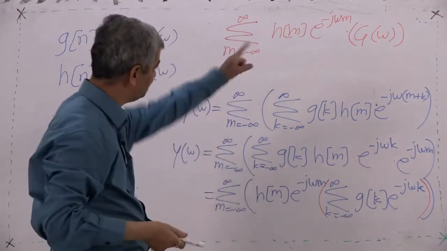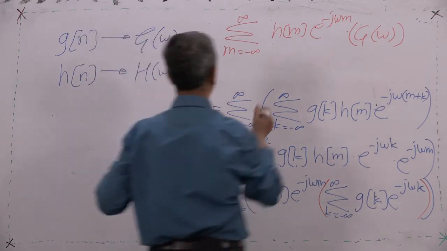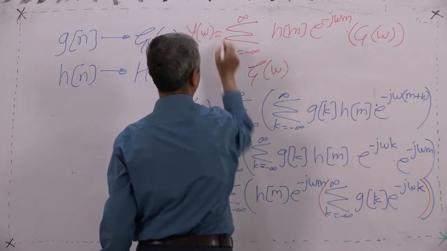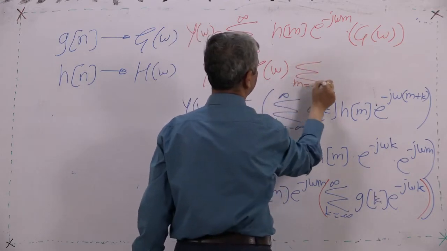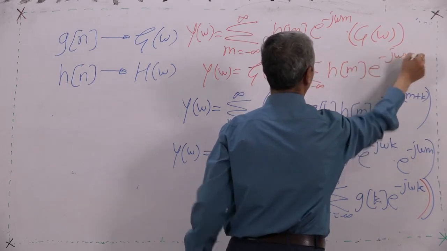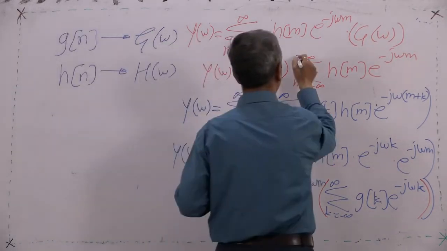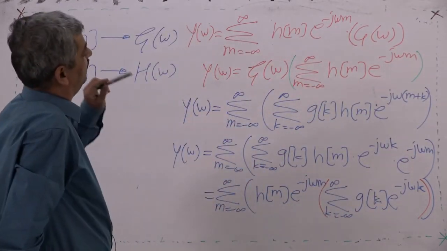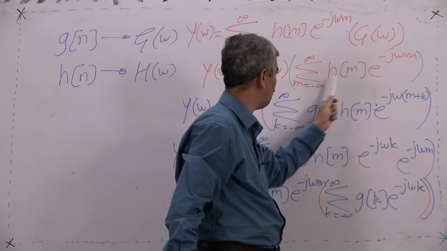Now, this DTFT of the first function is independent of m, so that comes out as g omega outside. This is the expression of y omega, and summation inside m equal to minus infinity to infinity hm e raised to minus j omega m. Just like things are unfolding as we desired, the green bracketed thing is the weighted sum of hm over infinite m.